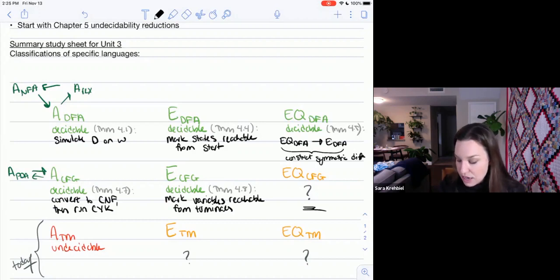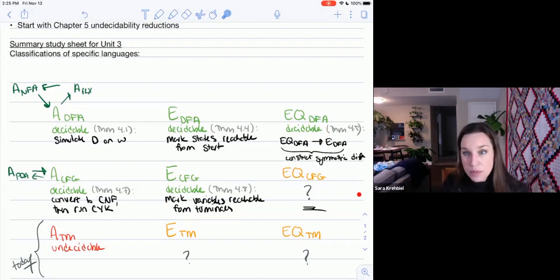Where we got stuck was EQ-CFG. We looked at this conversion and said, well, with EQ-DFA, we could reduce that to eDFA. Could we somehow reduce EQ-CFG to ECFG, which we do know how to solve?